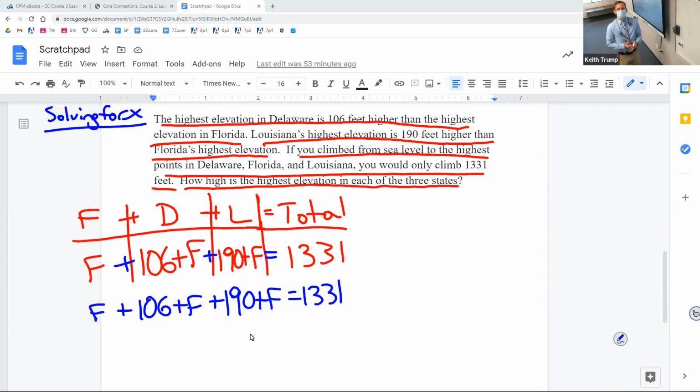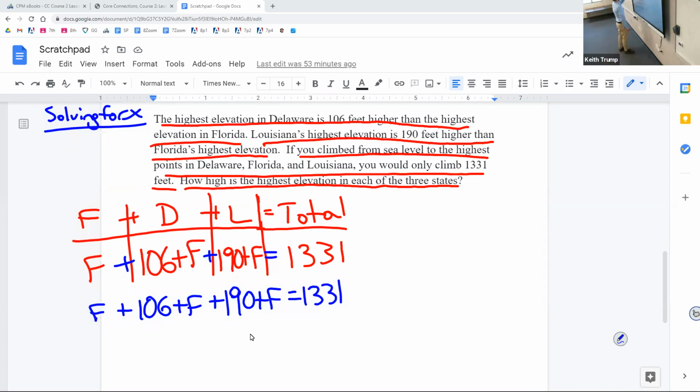So let's see if we can figure out Florida. And it's good because we only have one unknown number. It's Florida, right? Well, at least in the equation we're working with in blue. So we know how to solve for one variable. This is basic algebra. This is solving for X, except instead of the letter X, it's the letter F. So let's see if we can solve for F or X by using these steps that we learned in our other video about solving for X.